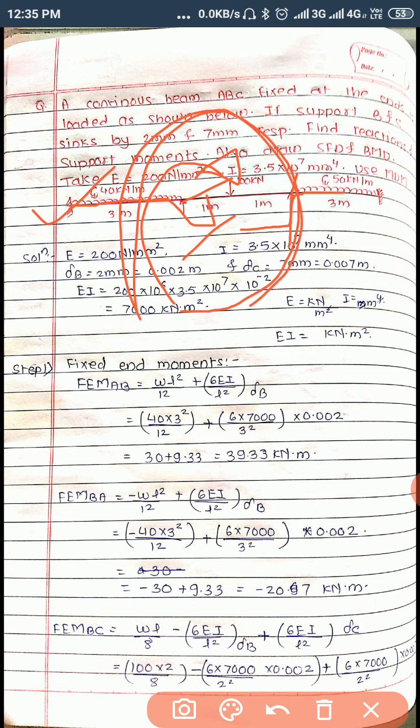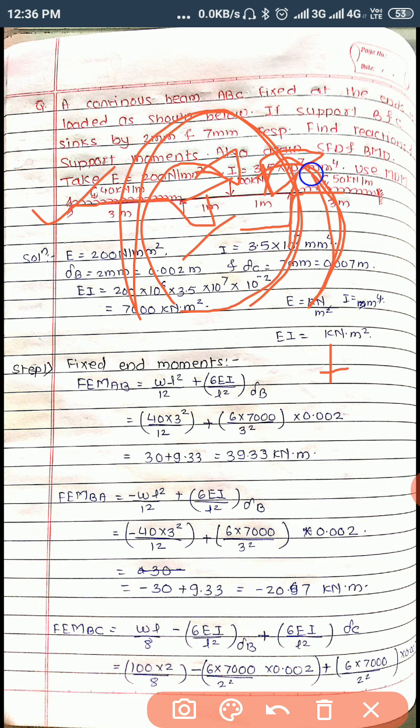That's why for the AB span, for settlement at support B, we have taken positive. Just remember this.